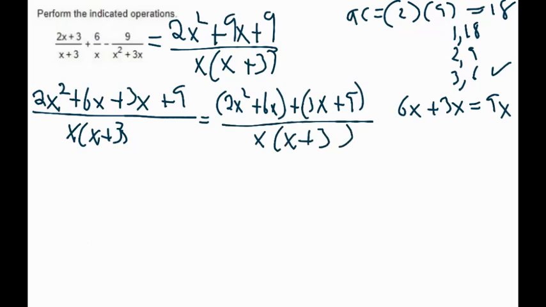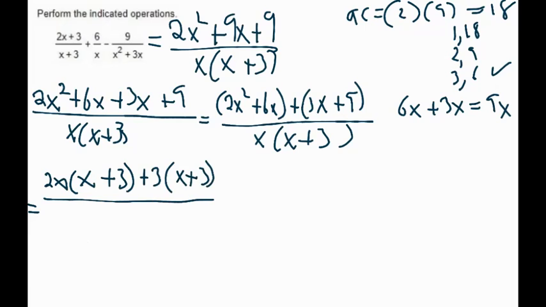Now we'll take out the greatest common factor in each group. We'll take out a 2x in the first group, and that leaves us with x plus 3. We'll take out a 3 in the second group, and that leaves us with x plus 3. And this is all over x times x plus 3. So we can factor this further.